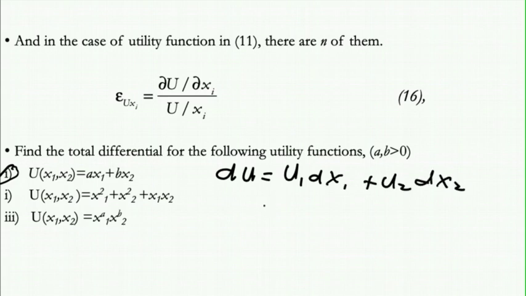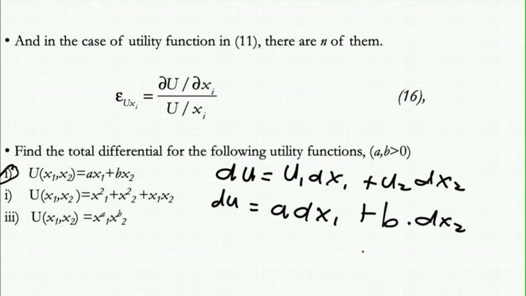So it's equivalent to what? du: u1 is what? You differentiate a x1, it becomes a times dx1, plus u2, you differentiate b x2, it becomes b times dx2. So this is the total differentiation.